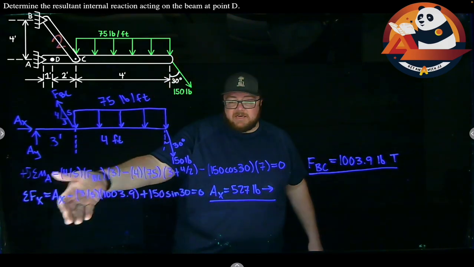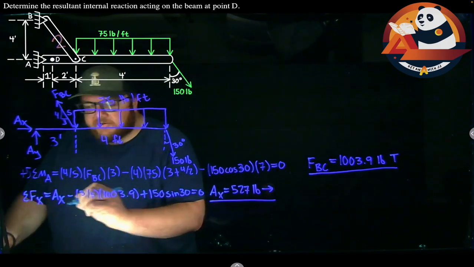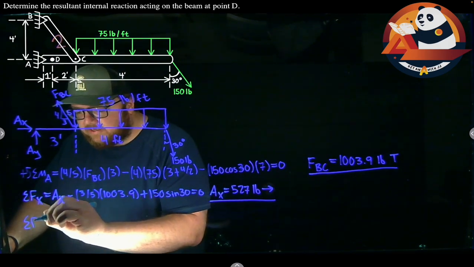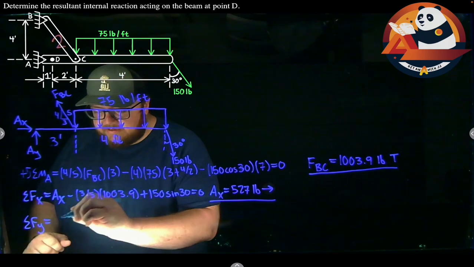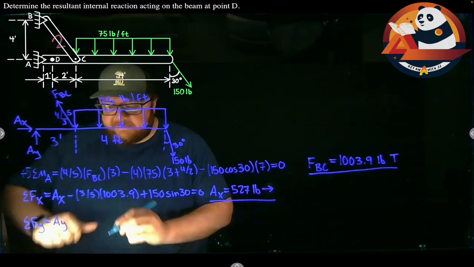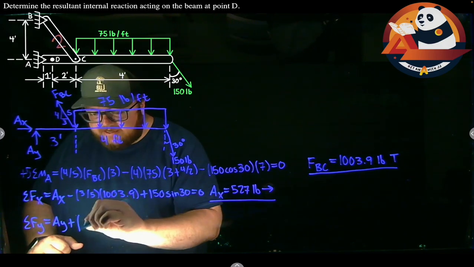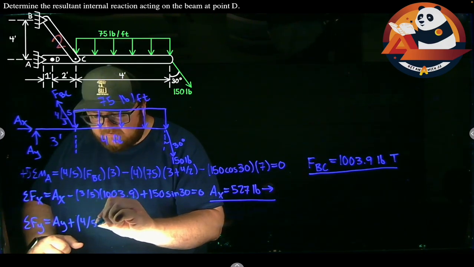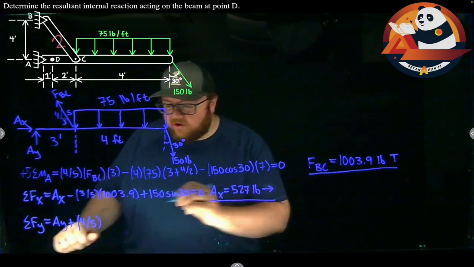Finally, there's one last unknown for me to get. Let's find AY. I can do that just by summing forces in the y direction. If I sum my forces in the y, I have AY goes up, so AY. I have FBC acting up, so plus the y component of FBC, which will be the y leg of that triangle, 4 divided by the hypotenuse, 5, times the force.